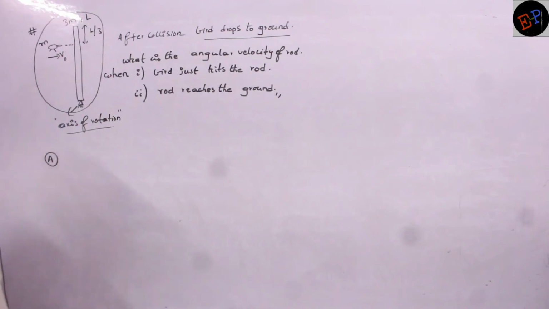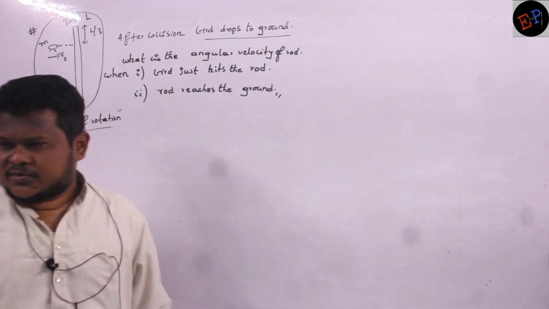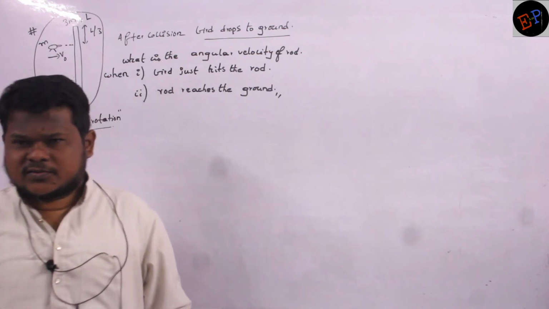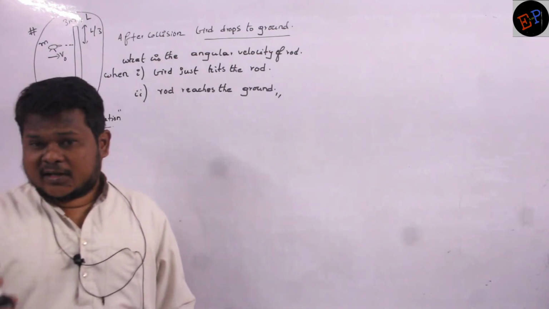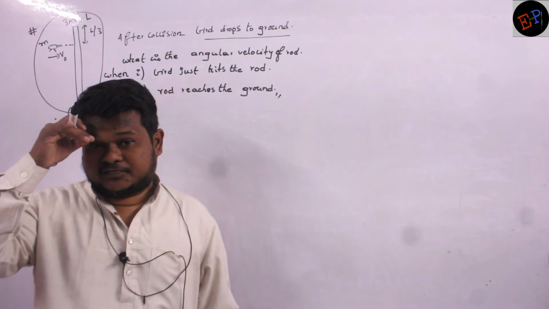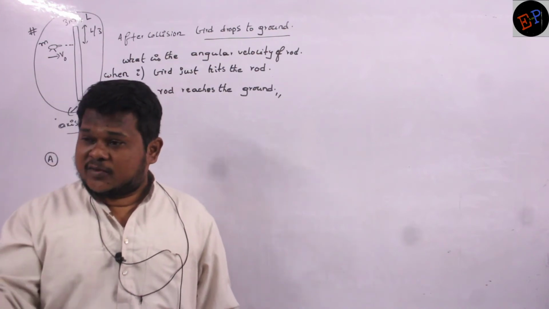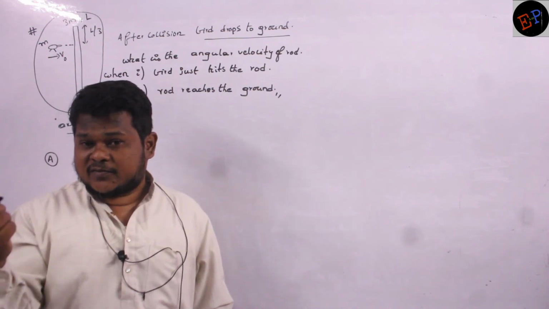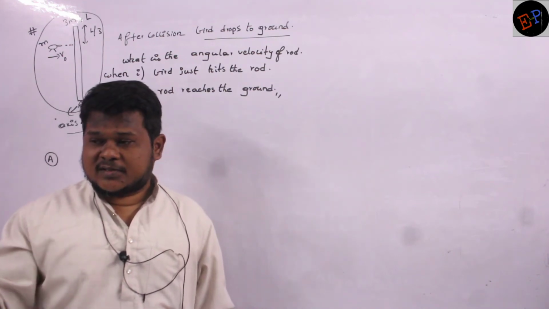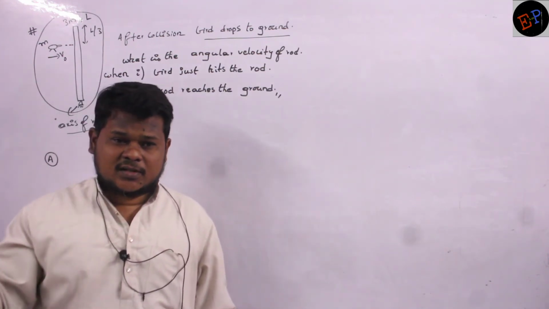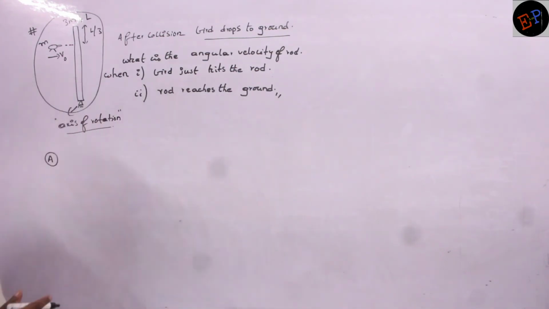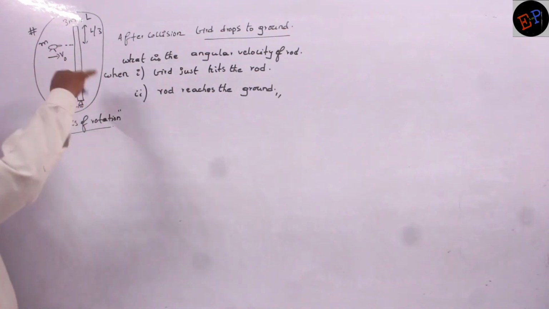So therefore I cannot say external force is 0. Similarly, if I take only the bird, on the bird the rod is also applying force by Newton's third law, so also I can say the external force acting on the bird is not 0. I cannot say that. Are you able to understand? So I will take rod and bird as a system.